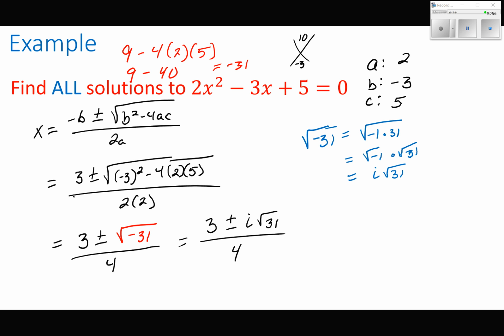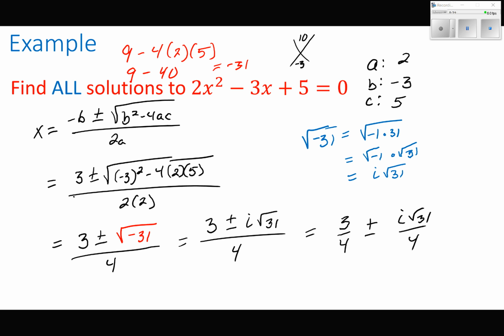The square root of 31 is not one that I can simplify. There's not a perfect square that is a factor of it, so I can leave this one just like this. If you took it a step further and said 3/4 plus or minus i root 31 over 4, you could do it like that too.